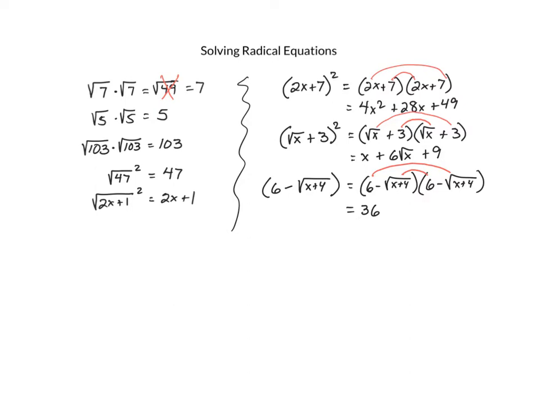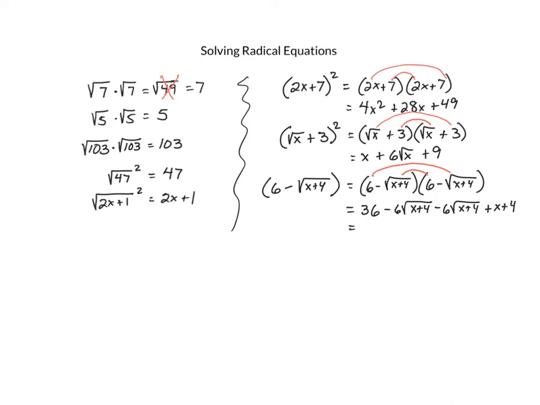Let me just write that out in more detail, since this is the type of problem that sometimes people have a harder time seeing. So we would have negative 6 square root of x plus 4, and another negative 6 square root of x plus 4. And for our last expression, we would have negative square root of x plus 4 times negative square root of x plus 4, which would be positive x plus 4.